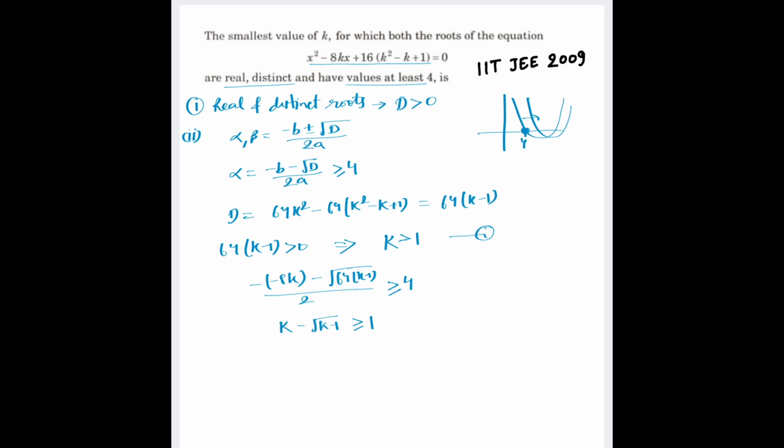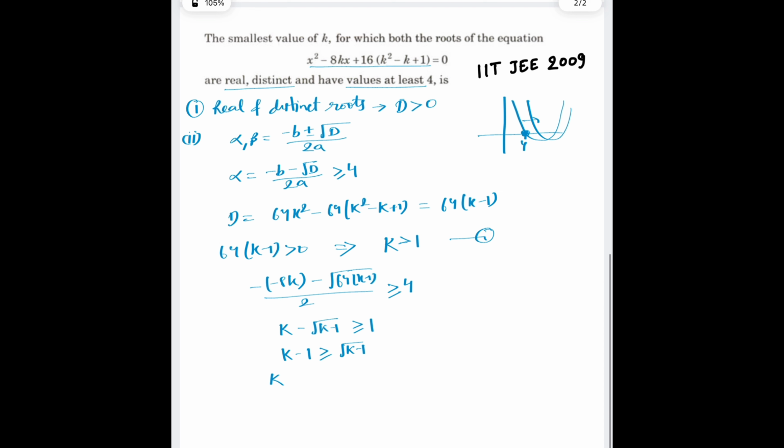And from this we have to find k. So we will bring k to the left hand side and take the square root on the right hand side. Squaring both the terms, further simplification will give us an inequality, and from this inequality we have to find k.